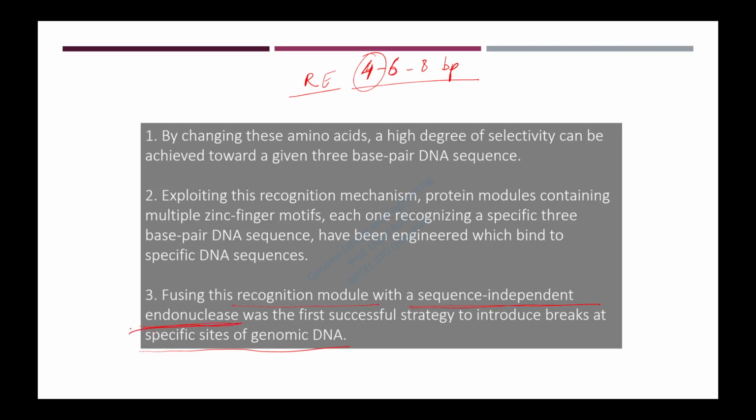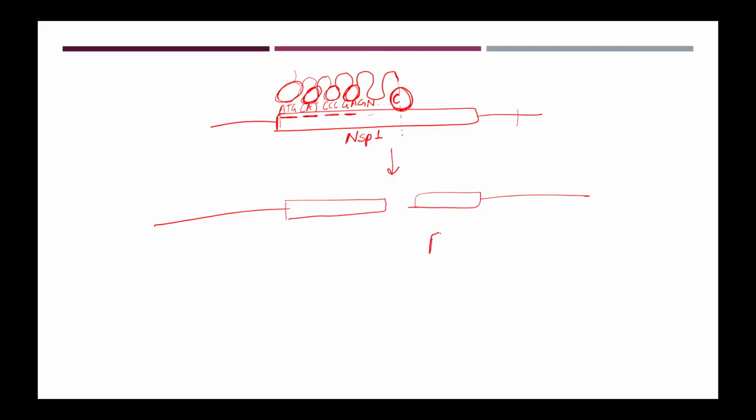We read about the sequence independent nuclease from FokI. In FokI, we have two regions: the N-terminal region, which is for recognition and recognizes the sequence, and the C-terminal region, which is a non-specific endonuclease, which will just make a cut.